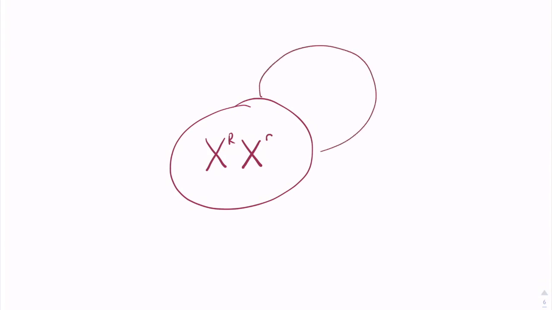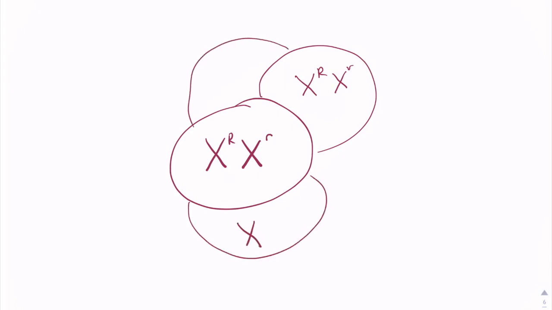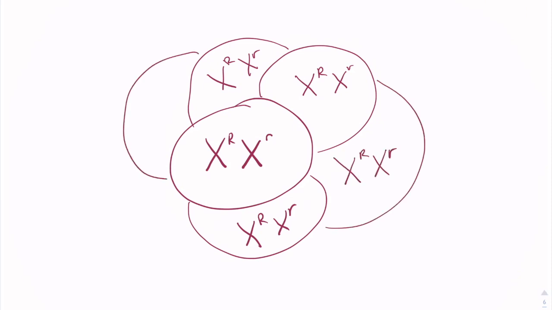One cell divides into two, and each of those cells will have an X chromosome with an R, that's a dominant allele, and an X chromosome with the faulty allele, with the recessive allele. And then those two cells will divide, and each of those cells will have one of each, just during regular old mitosis. And then those cells will divide.